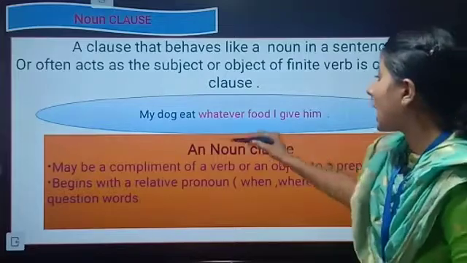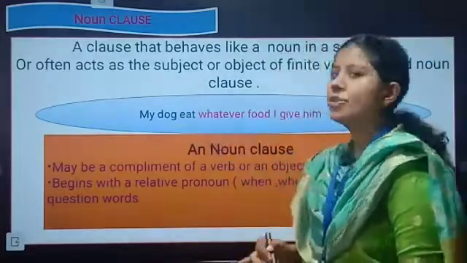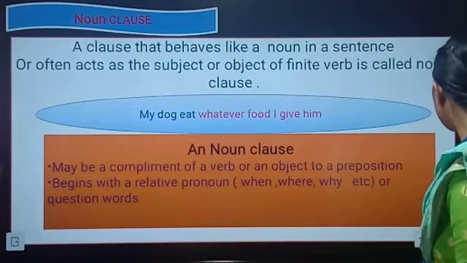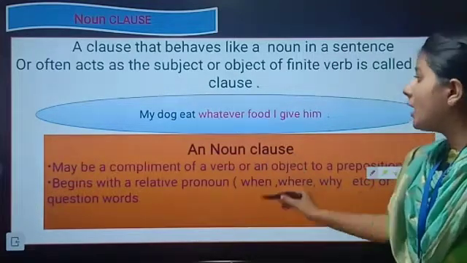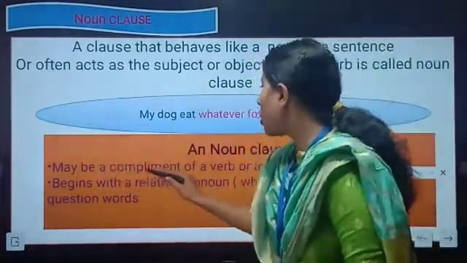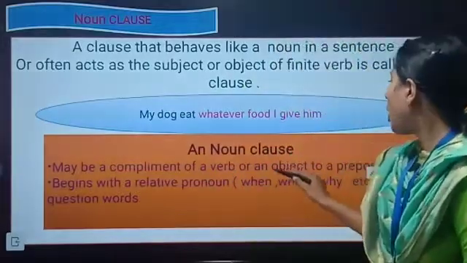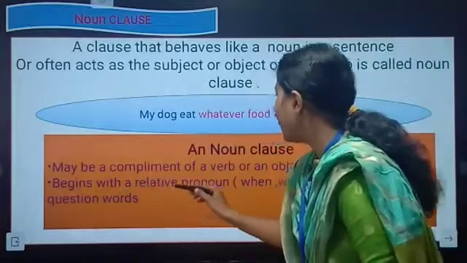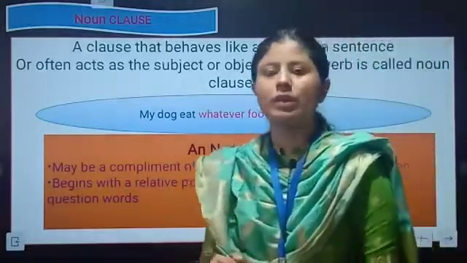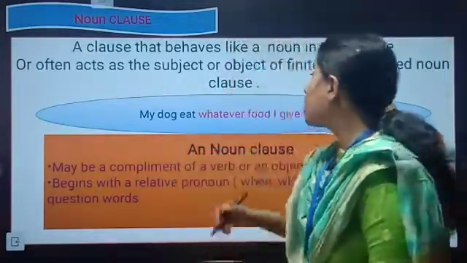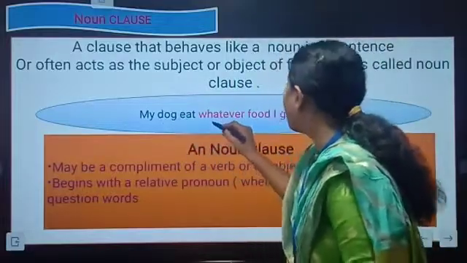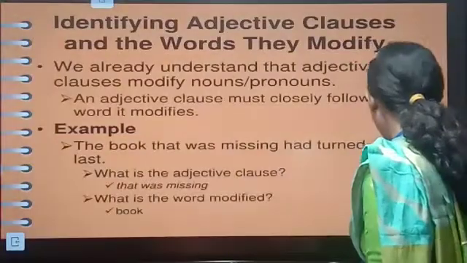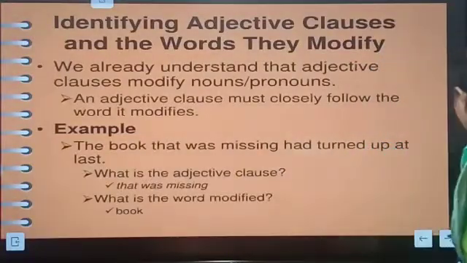So it is acting as the subject, and that's why this is the noun clause. A noun clause may be a complement of a verb or an object of a preposition. It also begins with a relative pronoun.